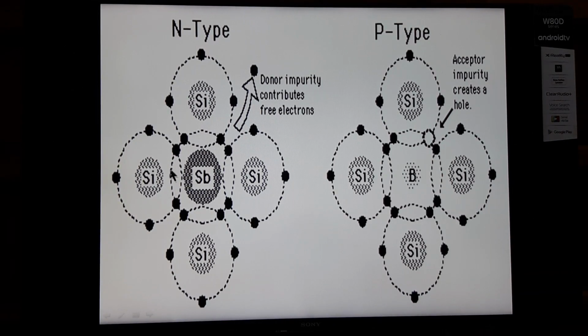I would also like to mention here that the antimony atom and the boron atom give the nature of some immobile ions. In the case of antimony, it behaves like a positive immobile donor, and boron behaves like an immobile negative ion.